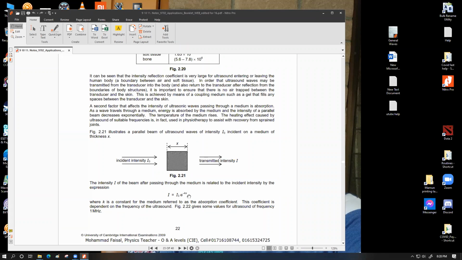The thickness. So whenever we send any light intensity, any wave towards a direction, whether it's a mechanical wave or an electromagnetic wave, waves always become attenuated. Attenuated means they lose energy as they cover distance. This loss of energy is characterized by two factors.